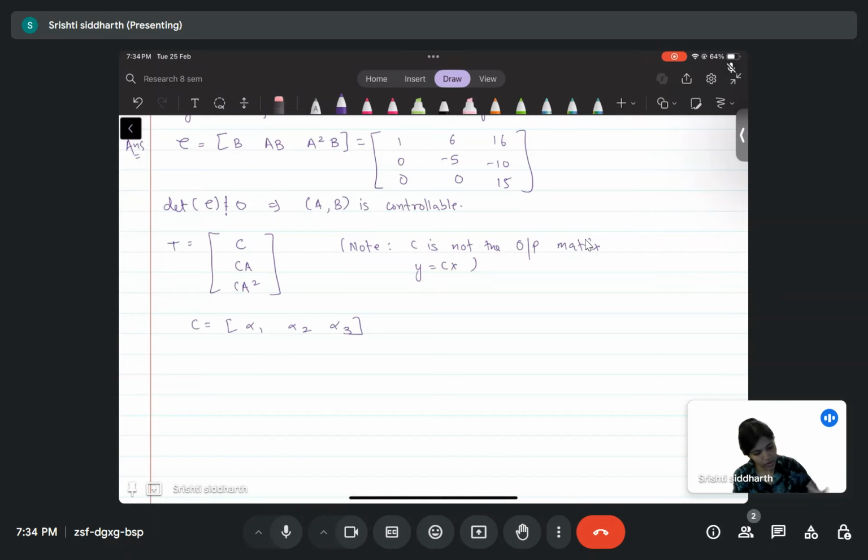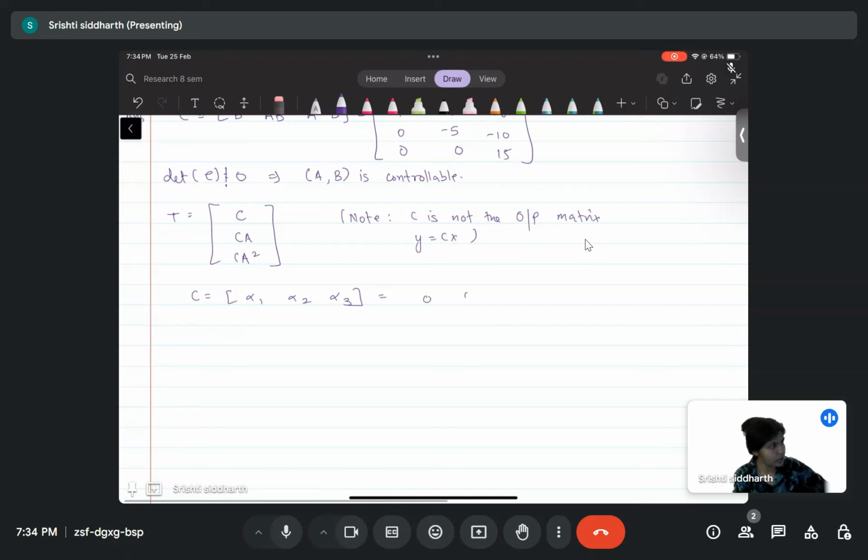Already done this question. So alpha 1, this is 0, 0, and 1 by 50. We know what the transformation matrix T is. We know what T inverse is. And then we can find out AC. This is simply 0, 1, 0, 0, 0, 1, the chain of integrators.